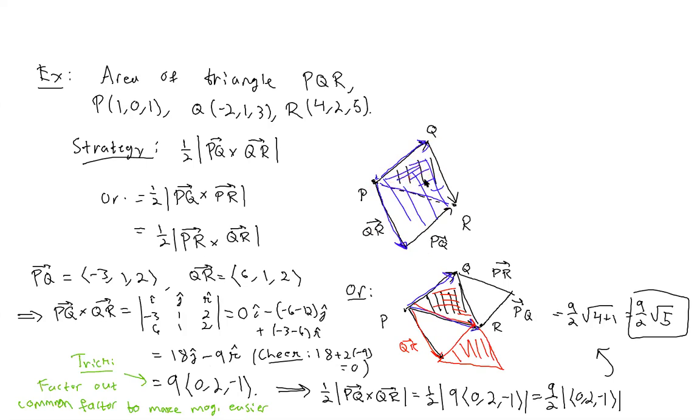That's a parallelogram, and that gives you this triangle. On the other hand, you can do PQ and PR down here, cross those things, that gives you this parallelogram, and that gives you this triangle. Or you can do PR and QR over here and here, and that gives you this parallelogram, but that still gives you the same area for the same triangle as before. So yes, it doesn't matter. Any combination you do, it will be the same.